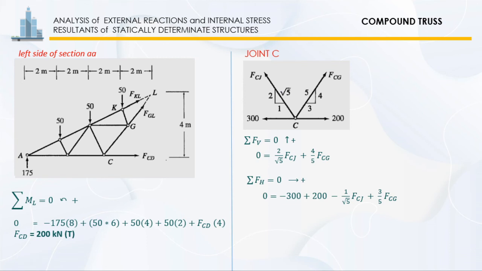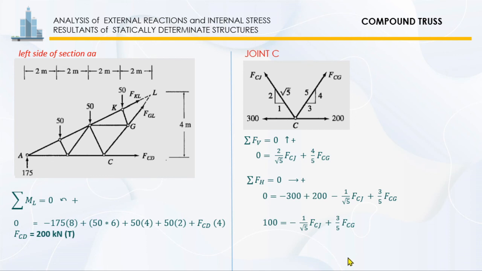These forces can be determined by applying 2 equations of equilibrium to the free body of joint C as shown here. Dito, class, we have 2 equations and 2 unknowns.